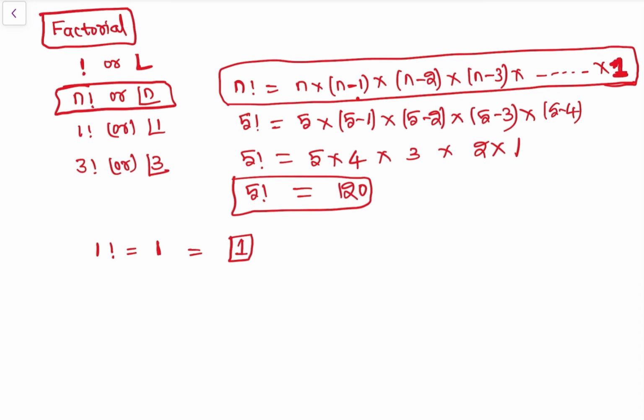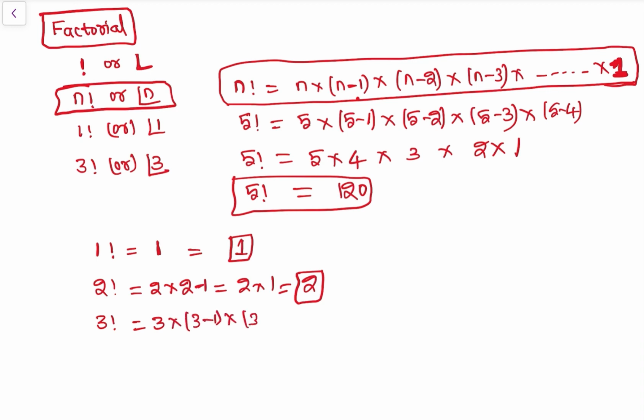ठीक है, then 2 factorial is 2 into 2 minus 1. ठीक है, n into n minus 1, so 2 minus 1 is 1, so that is the last digit. So that is 2 into 1, that is 2. So 2 is the answer of 2 factorial. Then 3 factorial, that is 3 into 3 minus 1 into 3 minus 2. So 3 minus 2 is 1, so 1 आ गया.